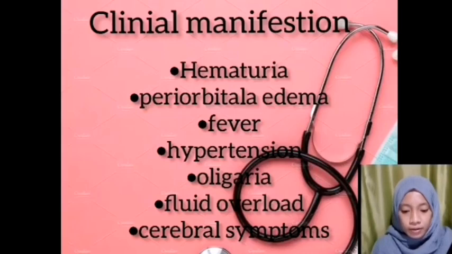Oliguria. Production of a subnormal volume of urine is usually present, and the urine has a high specific gravity and contains albumin, red and white blood cells, and casts.